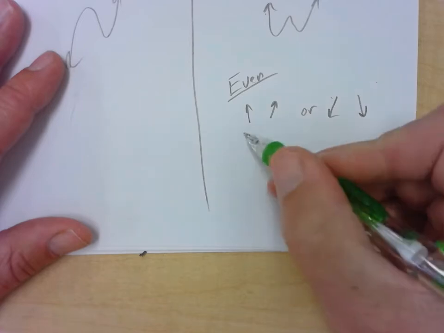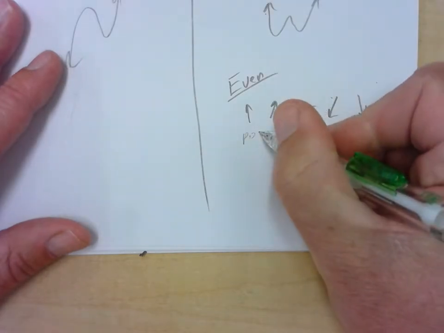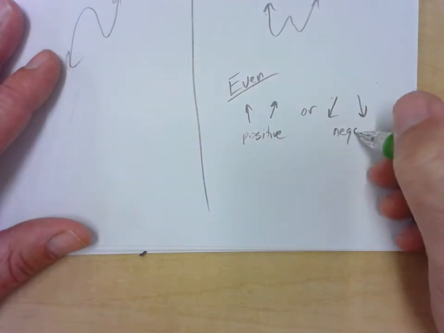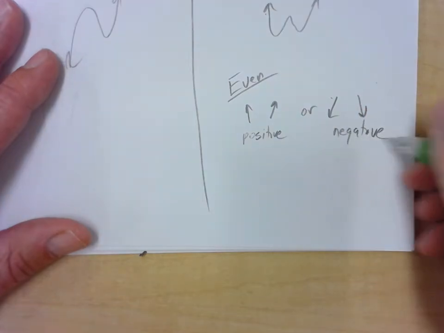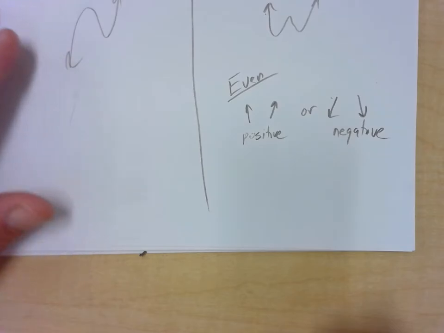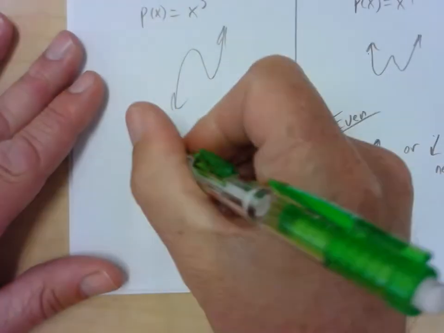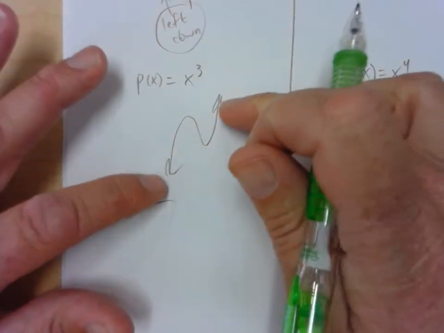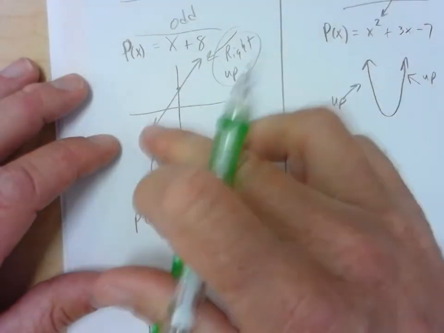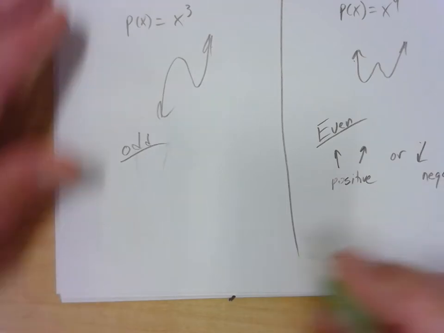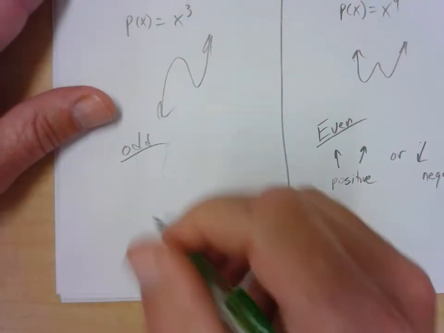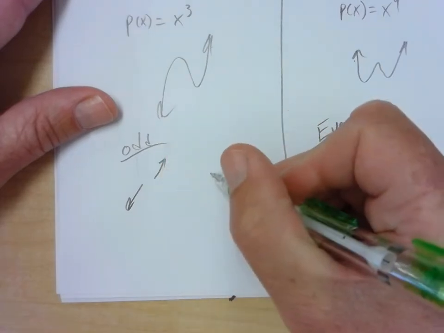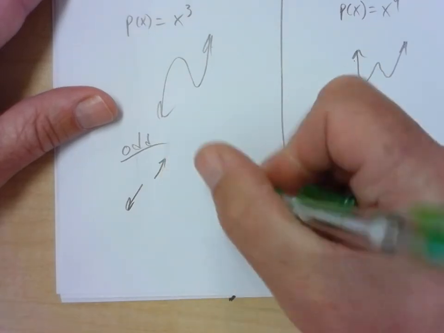So this would be positive and even, and this would be negative and even. And then for the odd powers, the sides go opposite of each other, like a line. So it's going to be down and up, or up on this side and down on the other side.